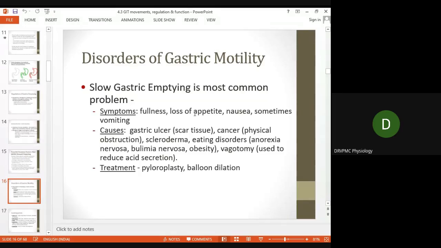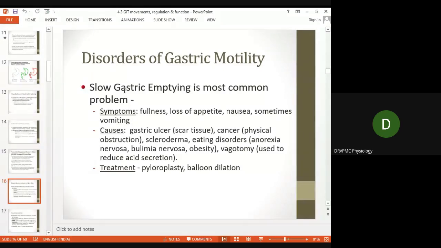Then they will not feel like eating, loss of appetite. Then nausea, that is discomfort, increased salivation, and they don't feel like eating, and they feel that there will be vomiting. Sometimes it is associated with vomiting also.